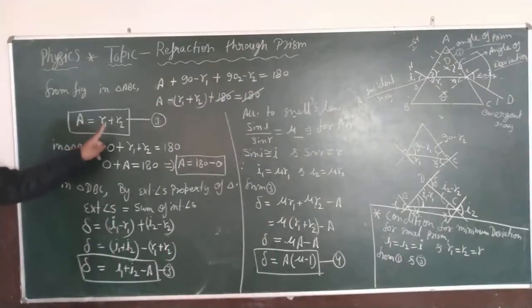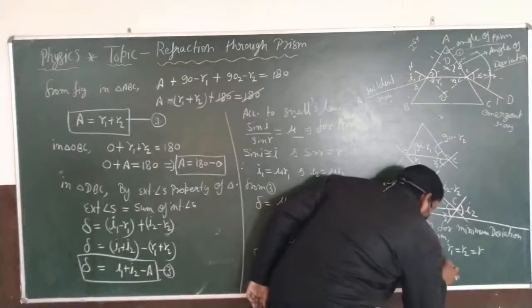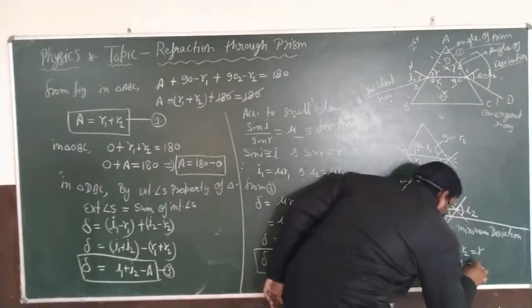A is equal to R plus R, that is A equal to 2R.